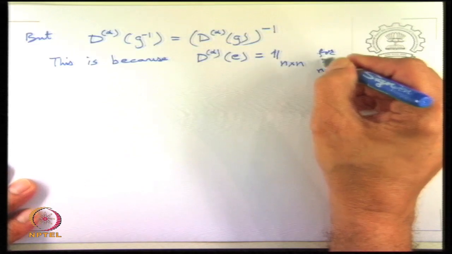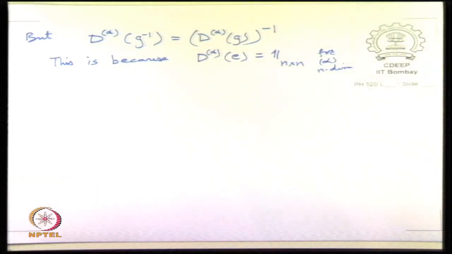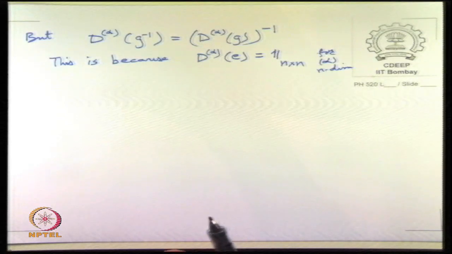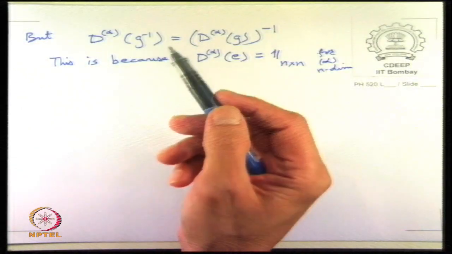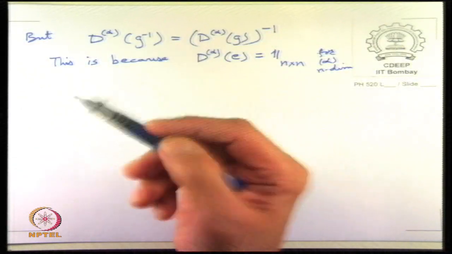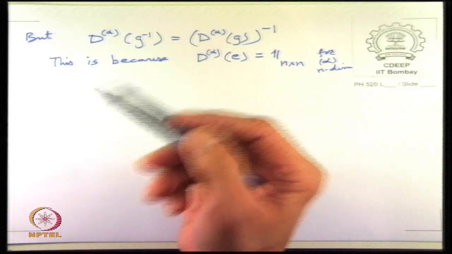If the representation alpha is n-dimensional, then the identity has to be represented by the identity matrix of that size, and therefore the inverse of a particular group element has to be represented by the inverse matrix of that group element.